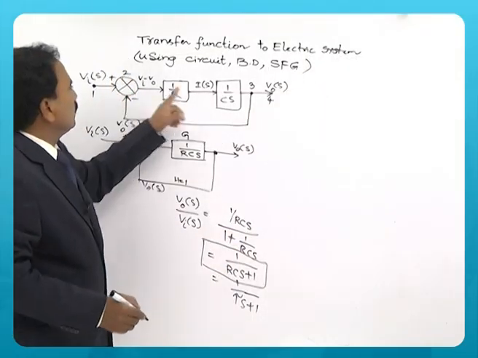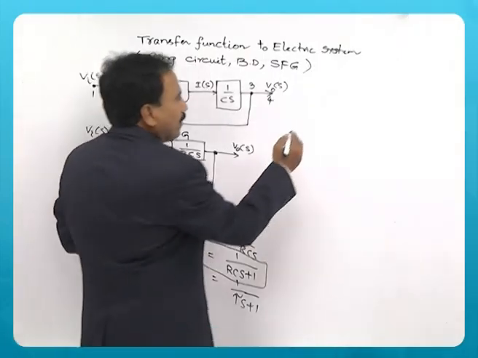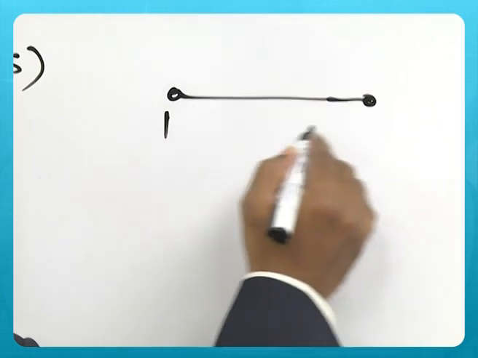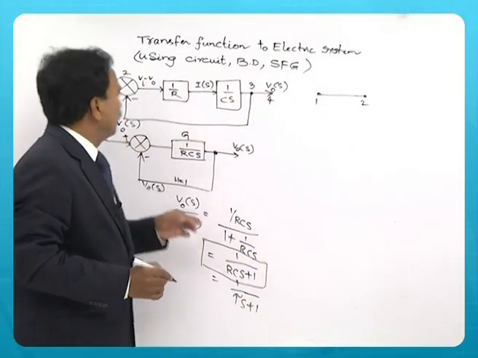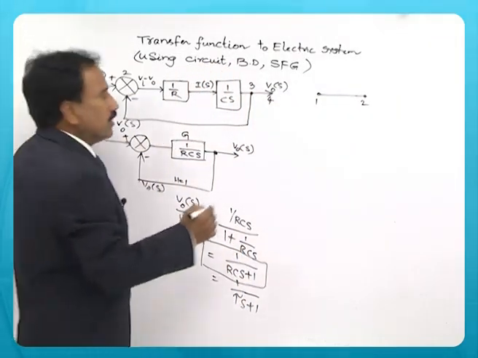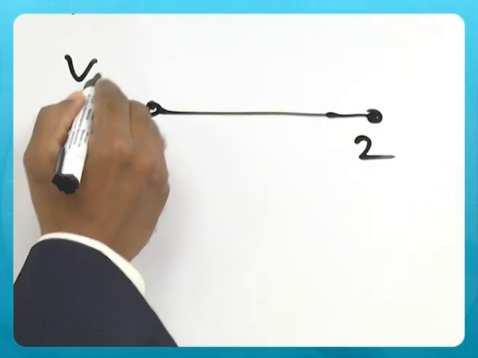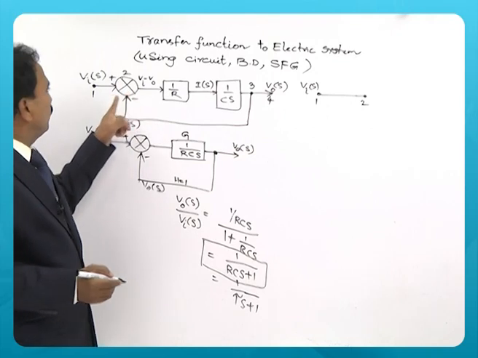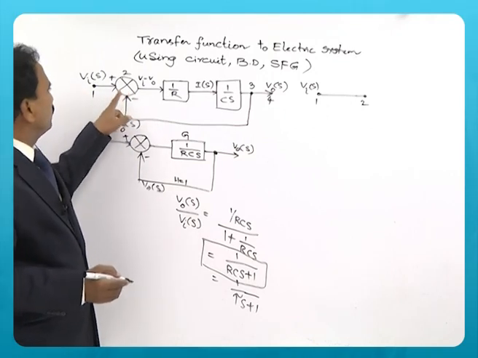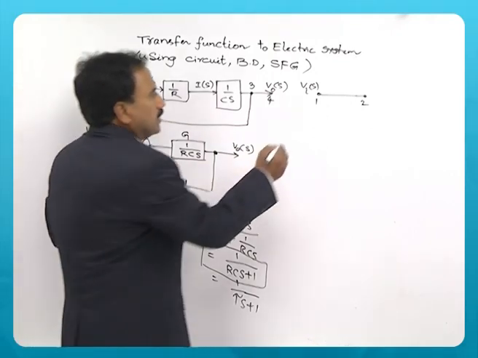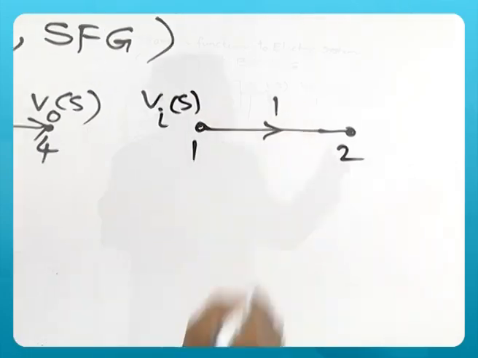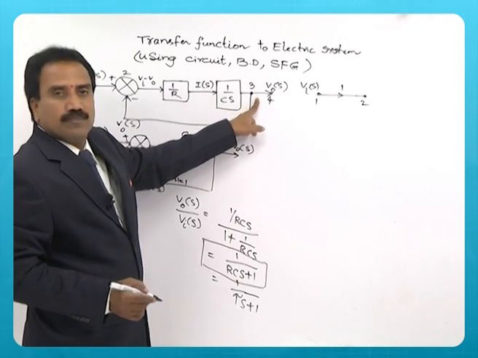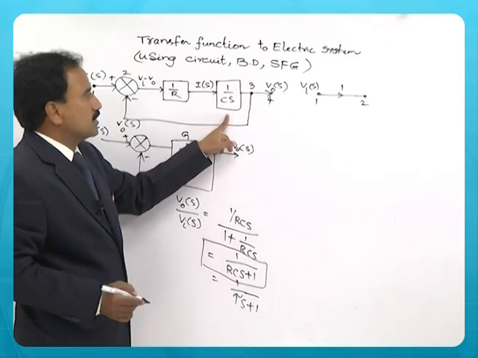So there are 4 nodes identified. Node 1 is the input voltage applied, and node 2 is the summing point. Between node 1 and node 2 there is no block, so I can say that the gain of this path is 1.